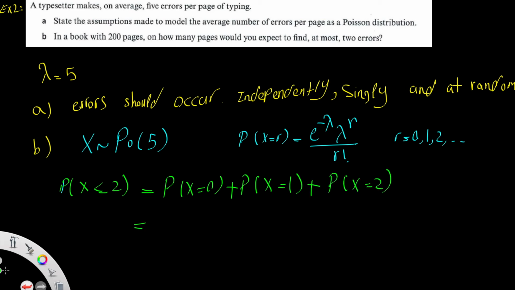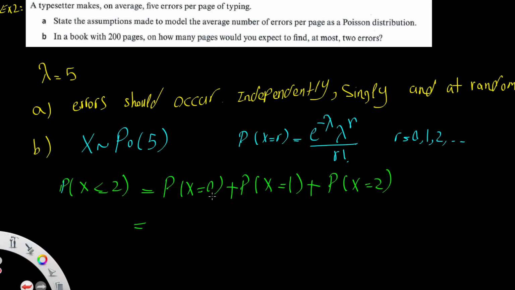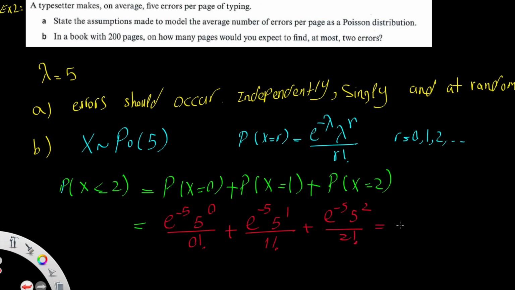So in this case r is 0, so it will be e to the power of negative 5, 5 to the power of 0 over 0 factorial, plus e to the power of negative 5, 5 to the power of 1 over 1 factorial, plus e to the power of negative 5, 5 to the power of 2 over 2 factorial, which will be 0.12465.